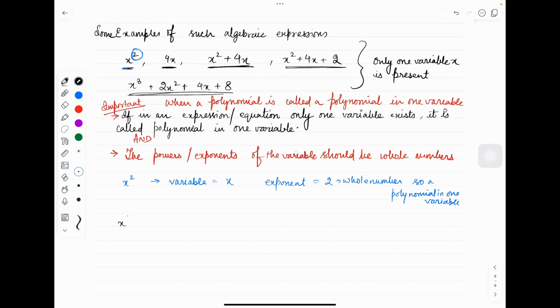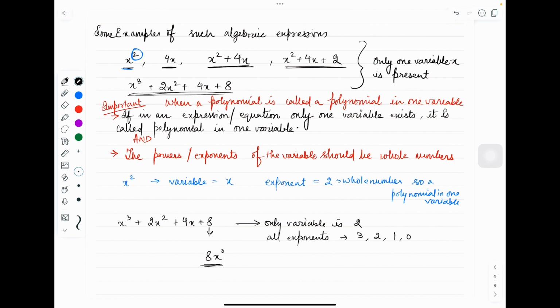Let me write this example: x cube plus 2x square plus 4x plus 8. The only variable is x. All exponents: 3 is there, 2 is there, 1 is there. Here 8 means 8 into x to the power 0. If only 8 is written in an equation, it means 8 into x to the power 0.